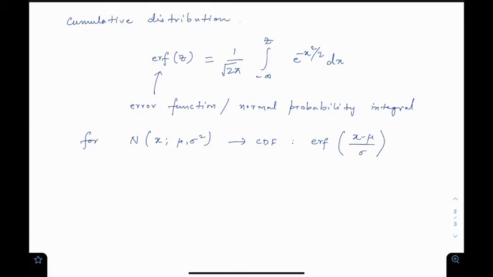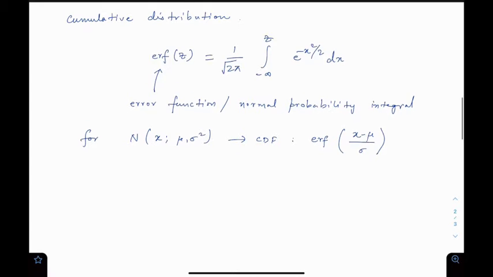Now the Gaussian can be shown to be a limiting case of nearly all commonly used probability distribution functions. And this is a consequence of the central limit theorem, something we will discuss shortly.